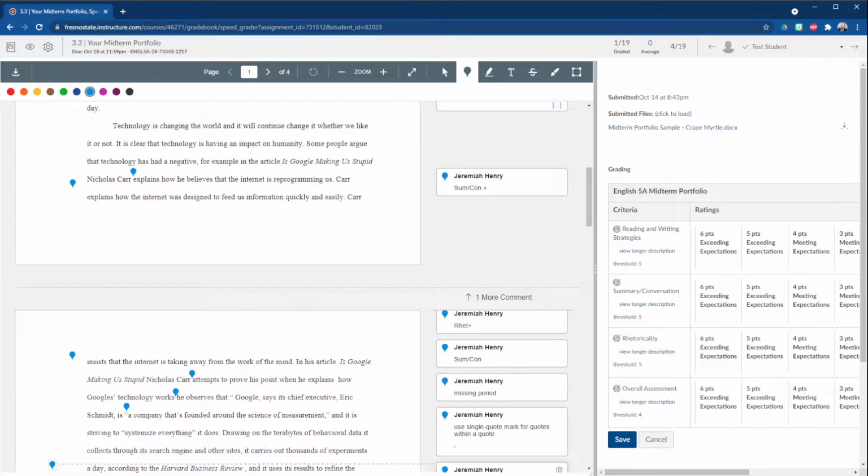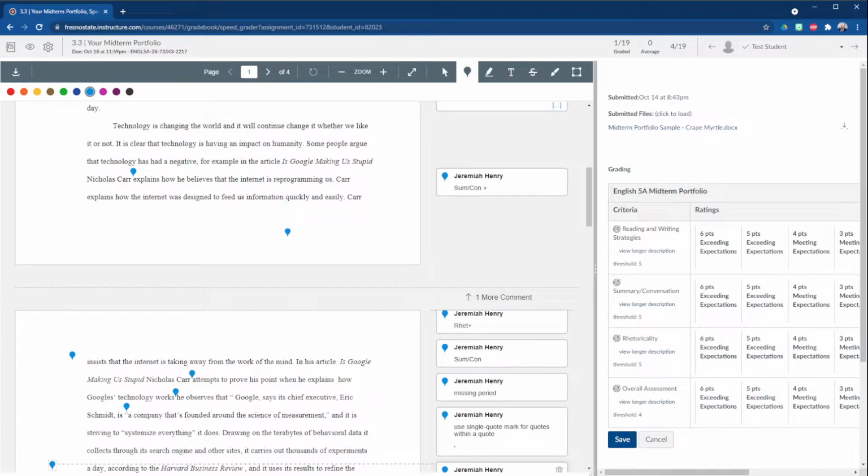Carr's stance in his article is more exploratory in the sense that he's recognizing that Google and the internet is altering or changing how he encounters information, how he processes information, how he works with a written text. He says that it's definitely changing, but I don't think he really labels that as a positive thing or a negative thing, only that it is changing.